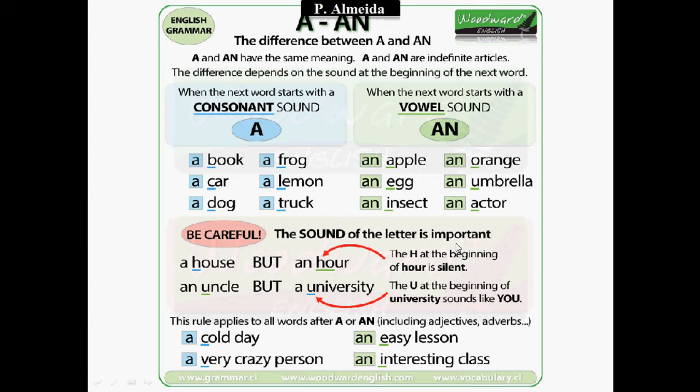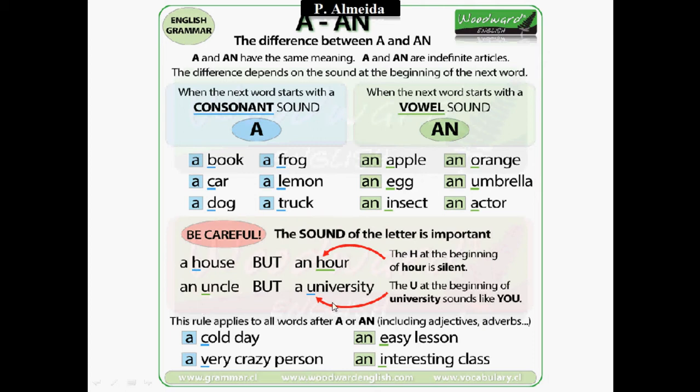However, the sound of the letter is important. So for example, you say a house, starting with an H, but you say an hour, because in hour the H is silent and it doesn't look like you're starting with a consonant but with a vowel. You say an uncle, but you say a university because the U at the beginning of university sounds like yoo, so with a Y, but uncle starts with a vowel sound.